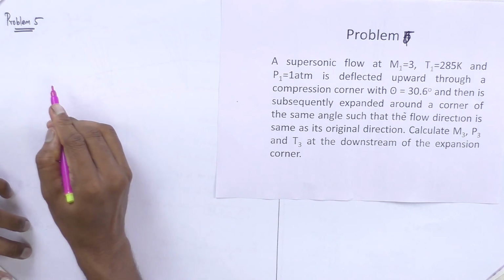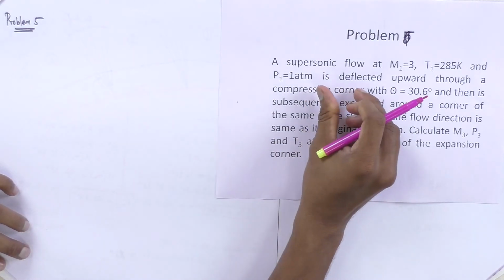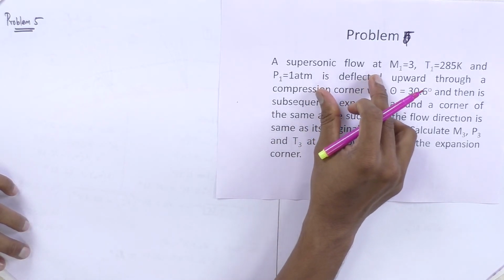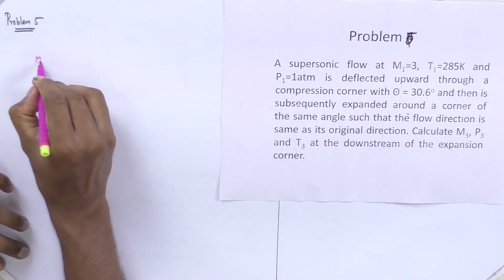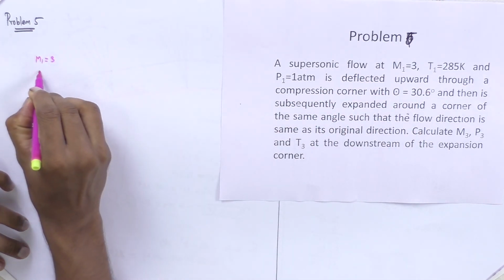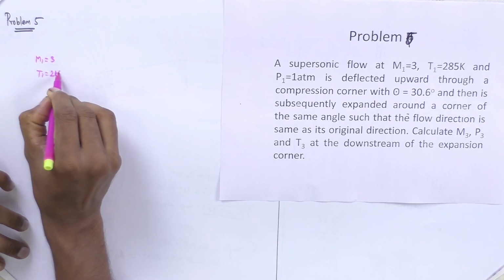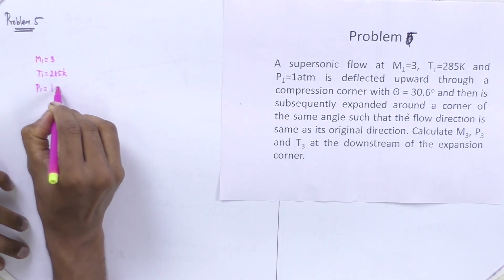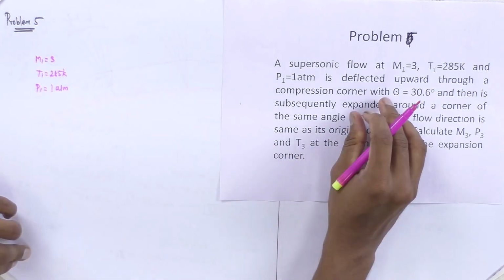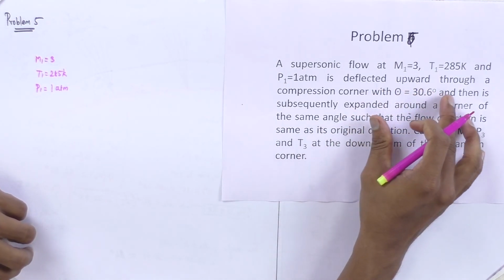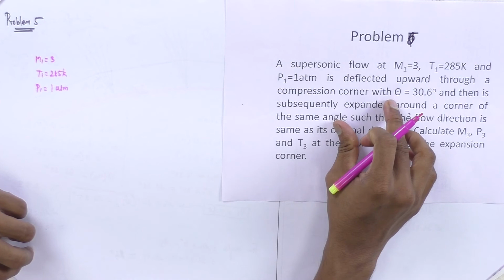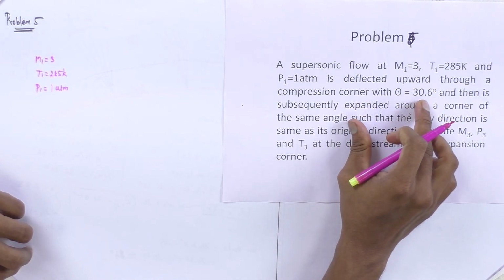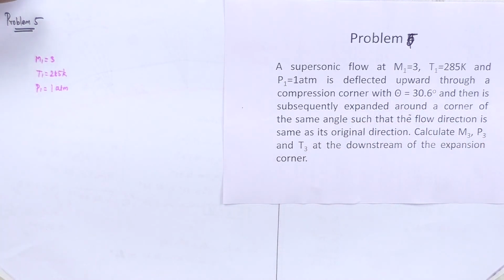Now let us move on to problem number 5. A supersonic flow at M1 equal to 3, T1 equal to 285 Kelvin and P1 equal to 1 atmospheric pressure is deflected upward through a compression corner with theta equal to 30.6 degrees.